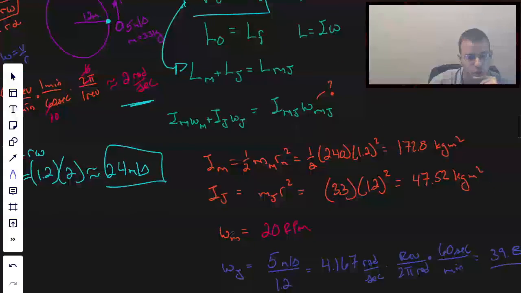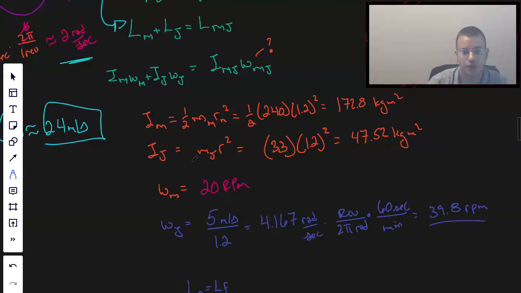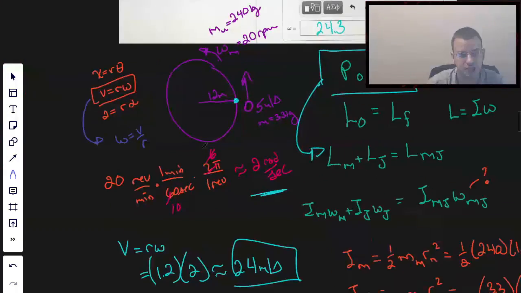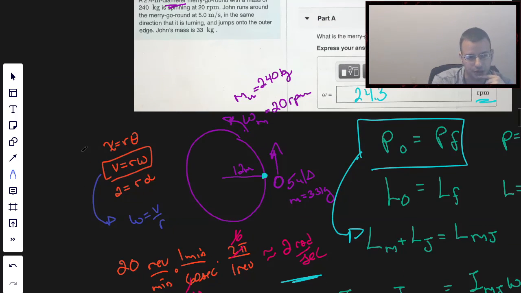I then went through and found each of the individual terms. One thing we had to do is convert John's linear speed of 5 meters per second to an angular speed, which we did through the relationship v equals r omega, where omega is angular speed.